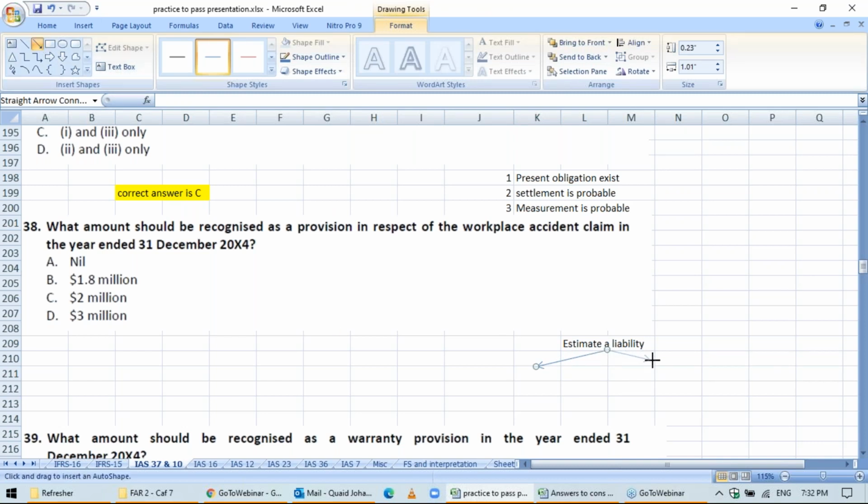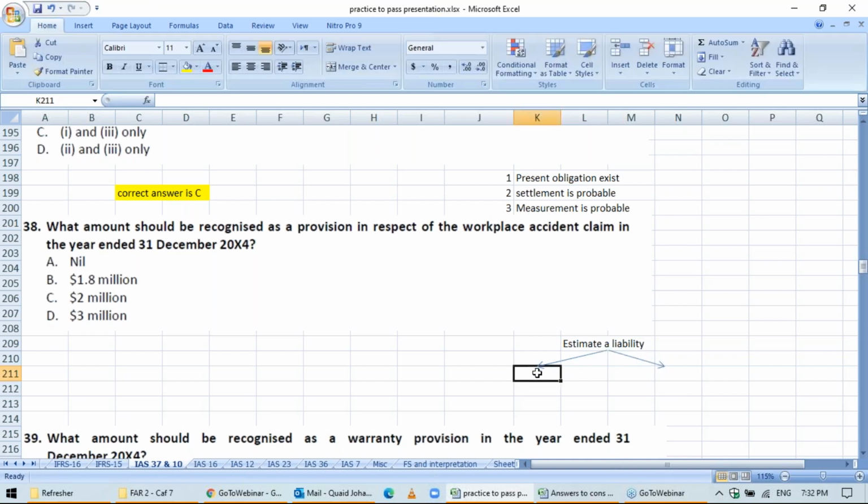Like in case of warranty provision, the warranty claim will occur again and again, but this employee accident will not occur again and again. It has occurred just once. So what we need to know first is whether there is a single obligation or a large number of settlements.